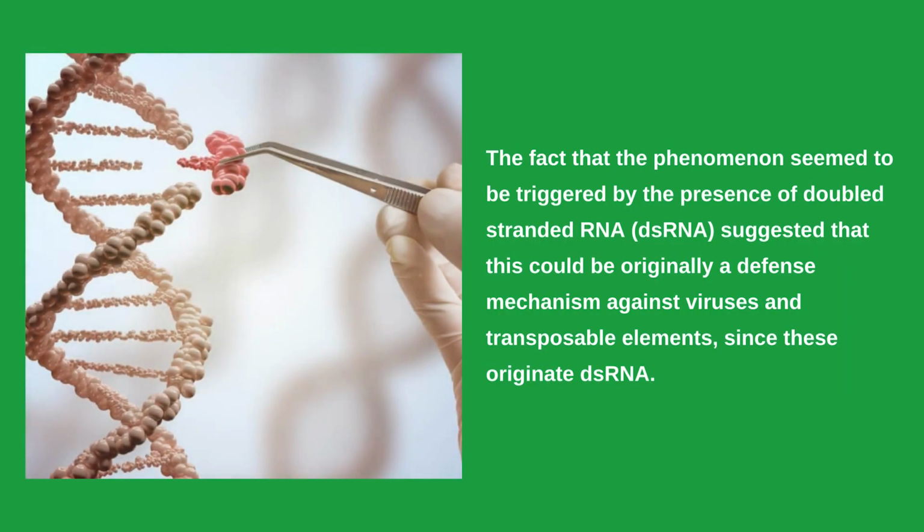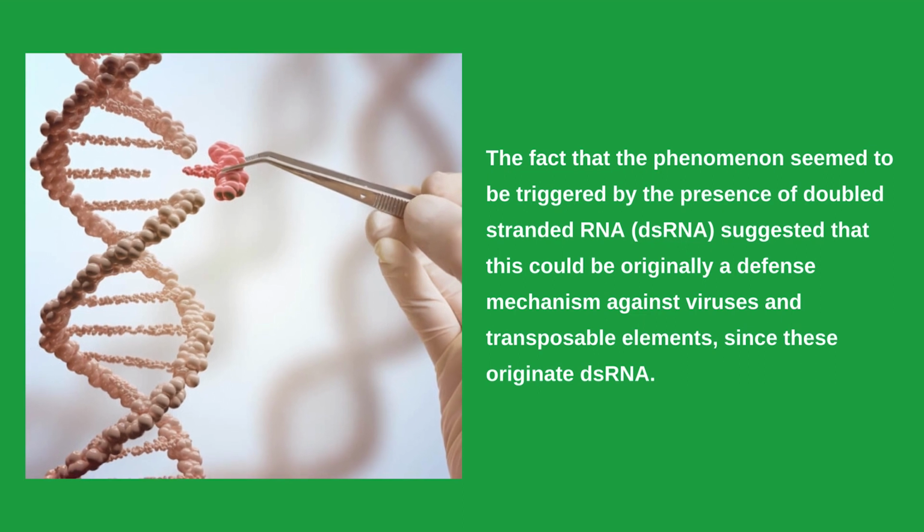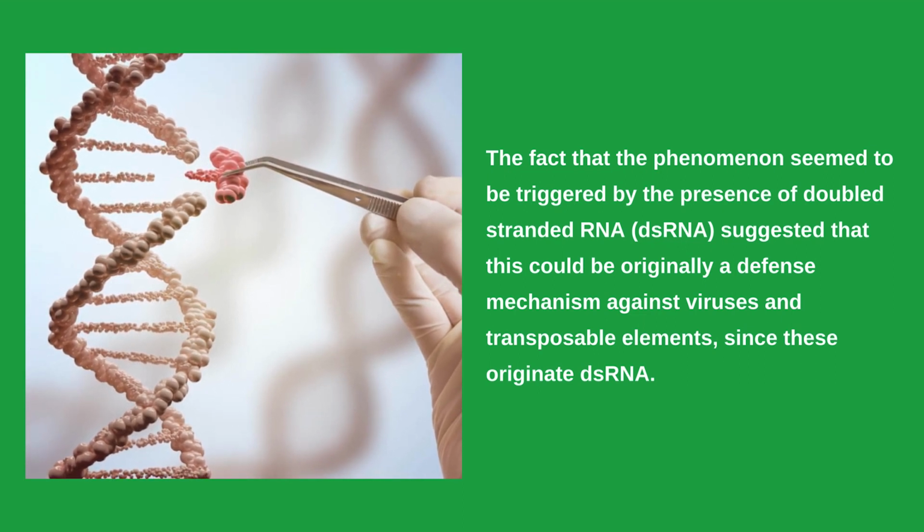The fact that the phenomenon seemed to be triggered by double-stranded RNA suggested that this could originally be a defense mechanism against viruses and transposable elements. What do we mean by transposable elements? They are basically jumping elements or jumping genes, since they originate double-stranded RNA. So, step by step, the mechanism behind this was discovered.